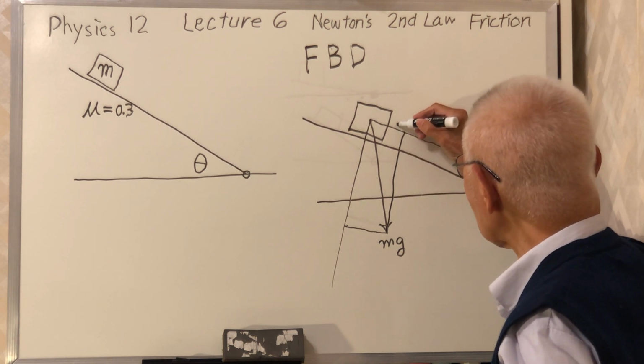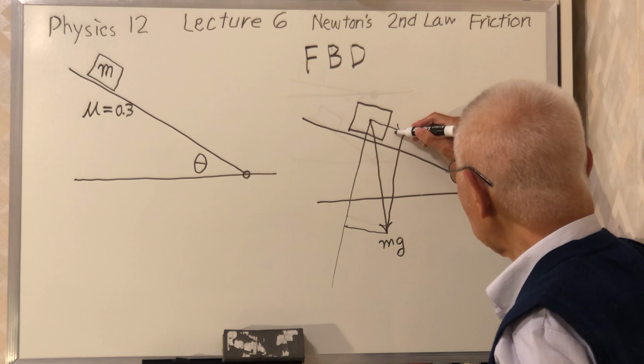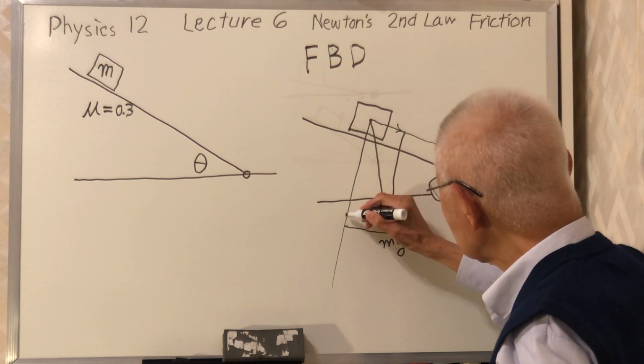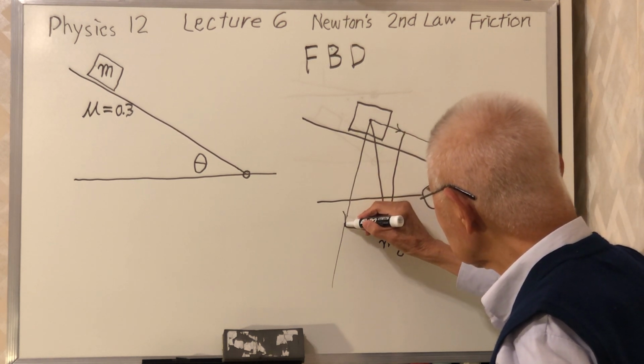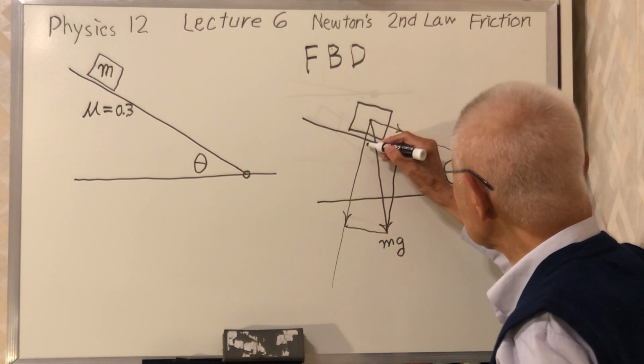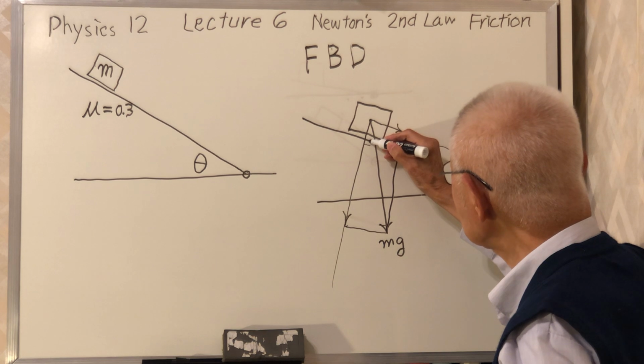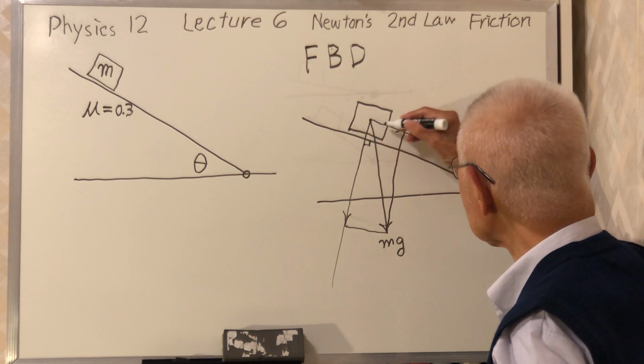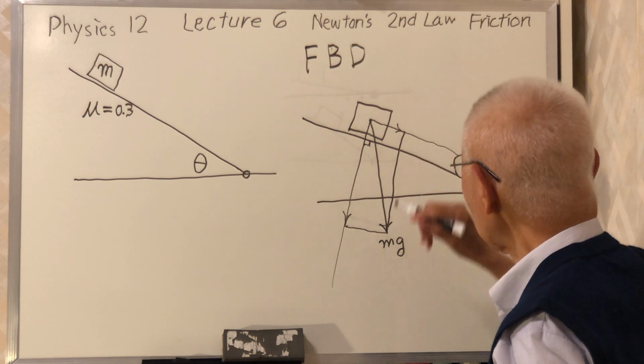So this is the component parallel to the inclined plane, and this is the component perpendicular to the inclined plane, right? This is perpendicular to the inclined plane, 90 degrees, and this is parallel to the inclined plane.